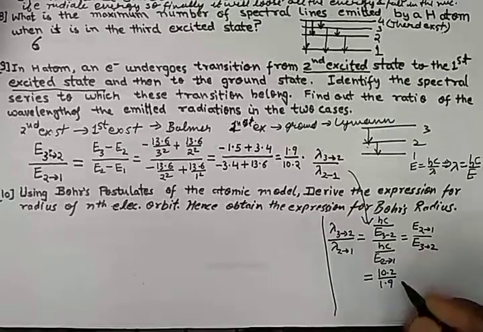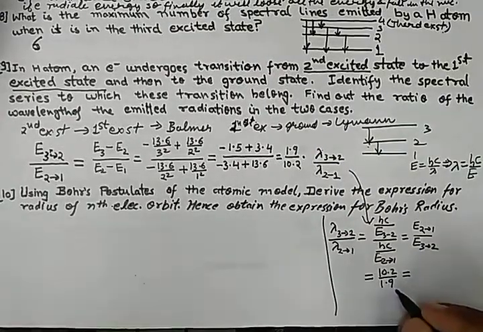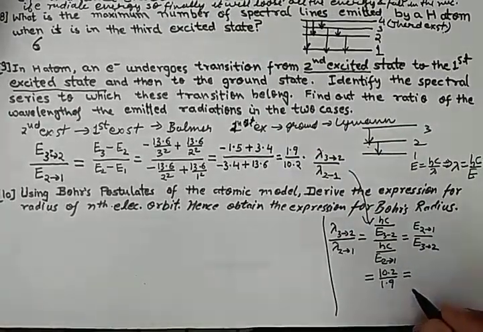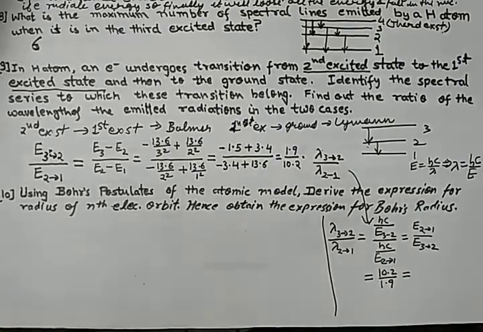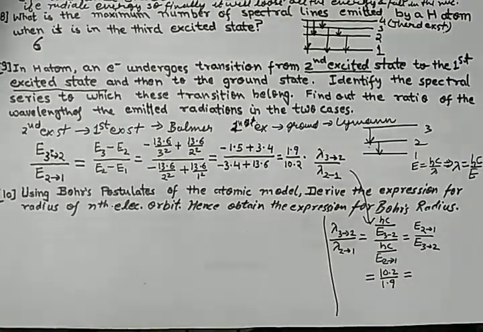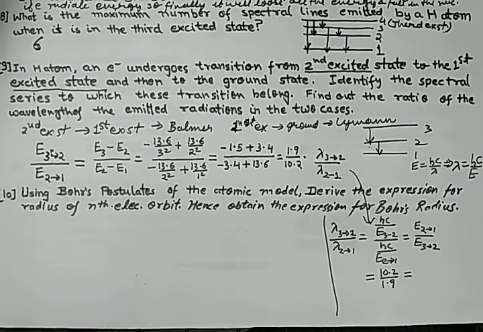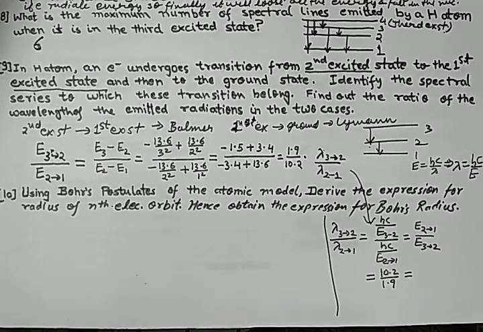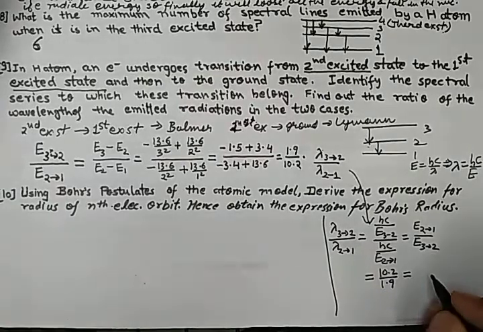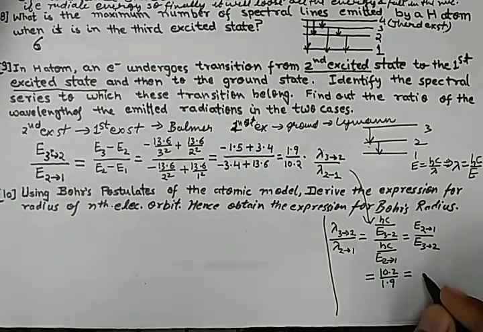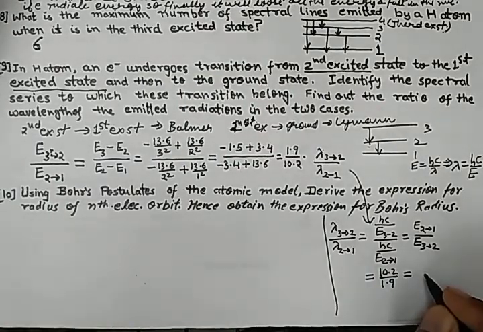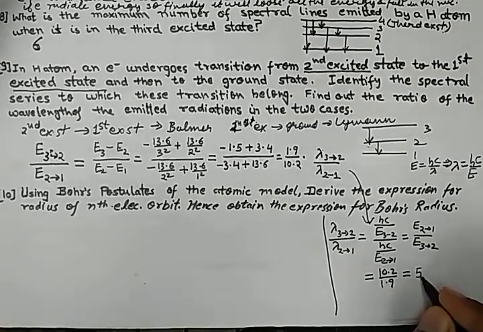So if you know table of 19, 5s are 95, 7 left, approximately 5.4.